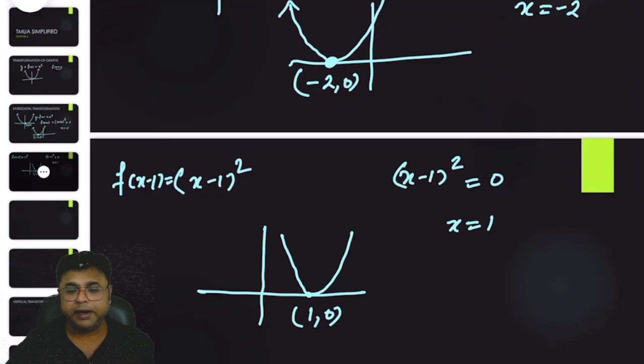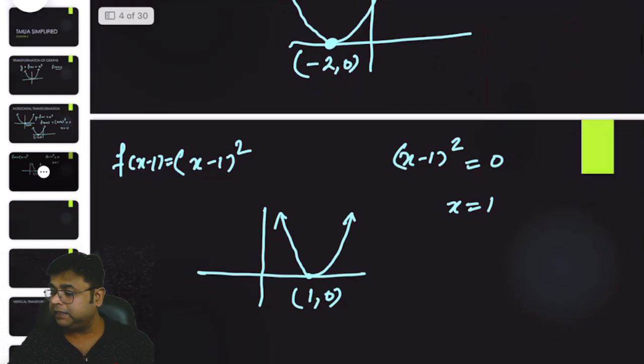The figure will remain the same. The only thing is that it will move 1 unit to the right because the transformation is in x, right? We are replacing x by x - 1. So the transformation is happening in the x direction, and in the positive direction, because on putting (x - 1) whole squared as 0, I'm getting x as 1. So this is what you have to understand.